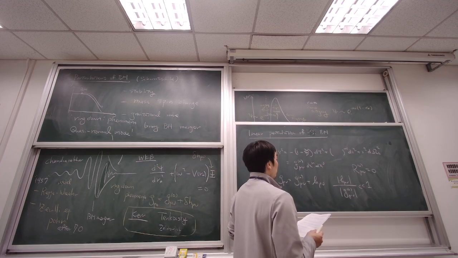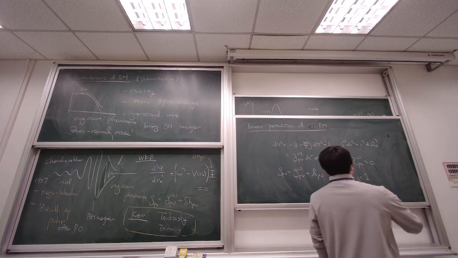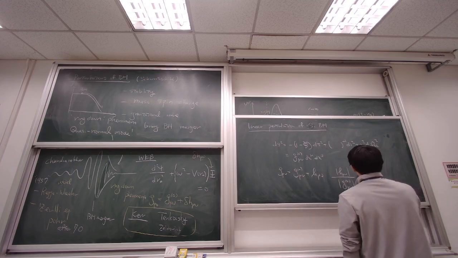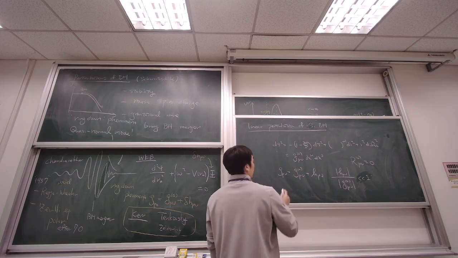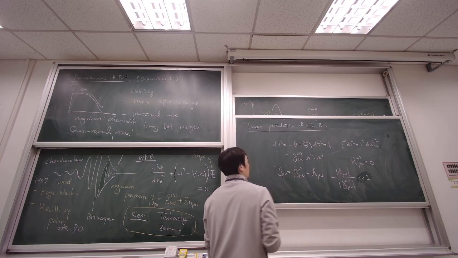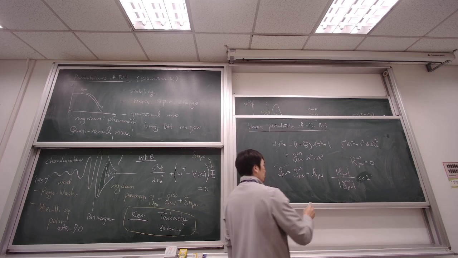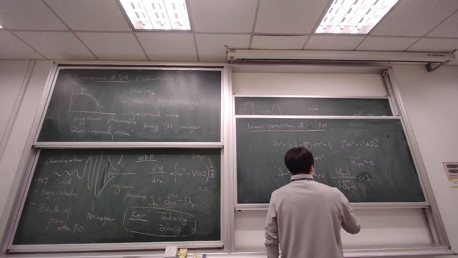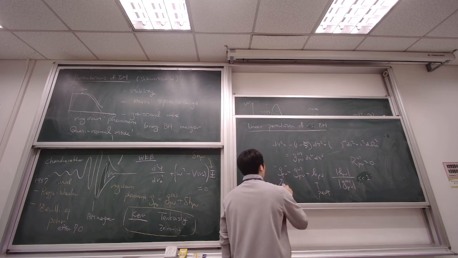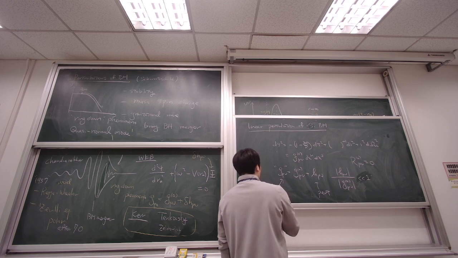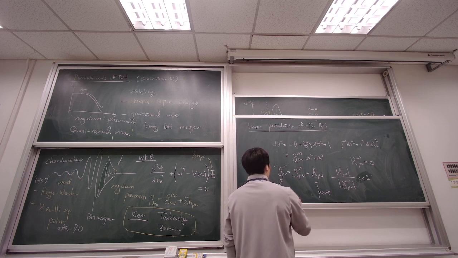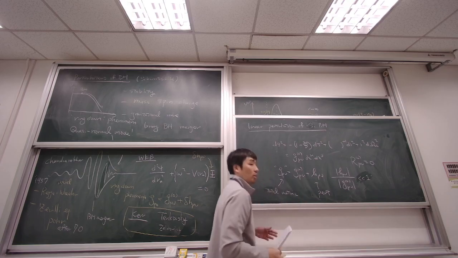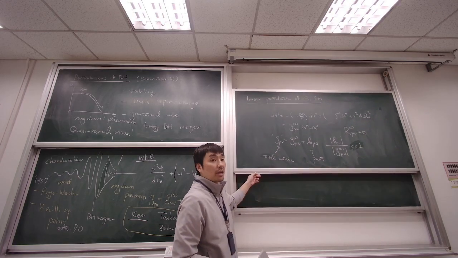Here we still assume the vacuum Einstein equation, even for the total metric, the perturbed metric.